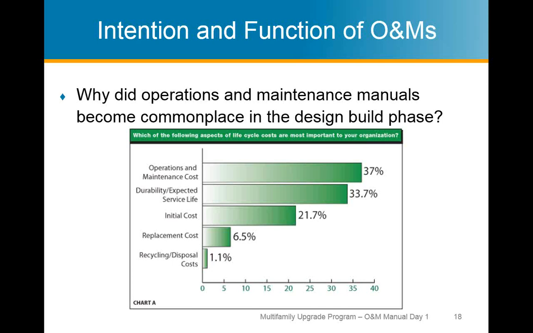And so what we see is an overwhelming response. Over 70% of the responses say that the cost to maintain equipment and that equipment's ability to operate effectively are top priorities by far. By far, they're top priorities.